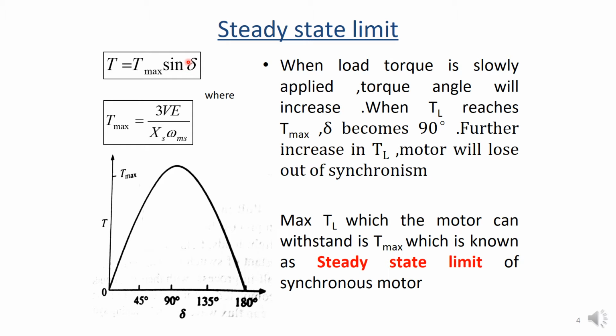That is, when delta is 0, sine 0 is 0, and when delta is 90 degrees, sine 90 is 1. Whenever its value increases beyond that, it will lose its synchronism. The machine can go out of synchronism. So the maximum load torque which the motor can withstand is Tmax, which is known as the steady state limit of the synchronous motor.